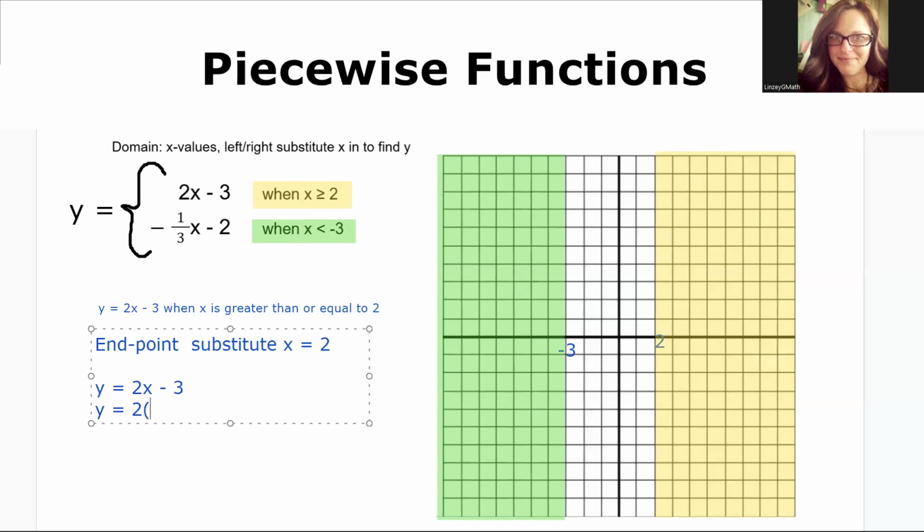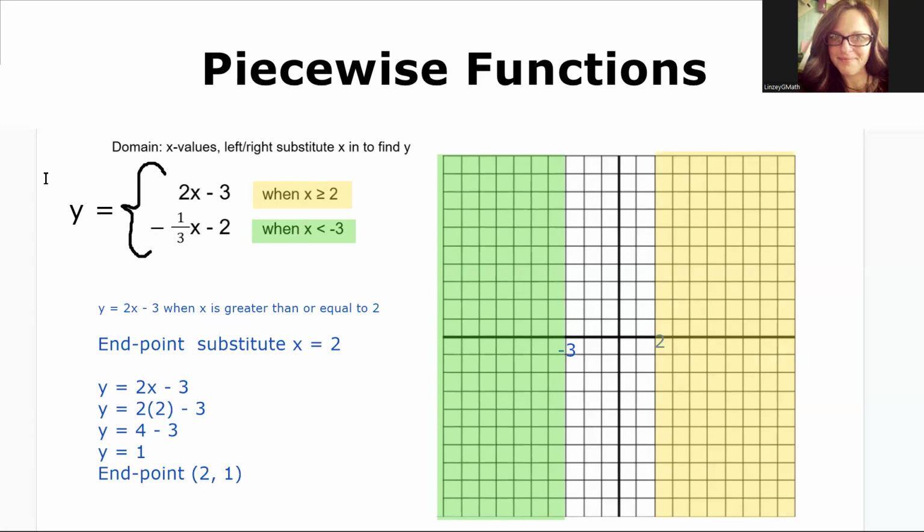Let's find the y value. Substitute x to find y. We get y is 1. Our end point, we substituted 2 in for x and got 1 for y.